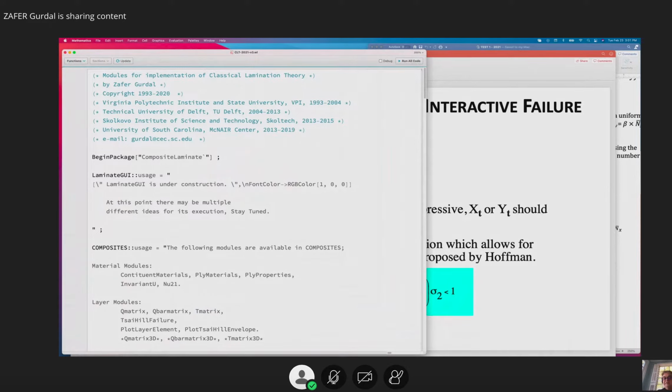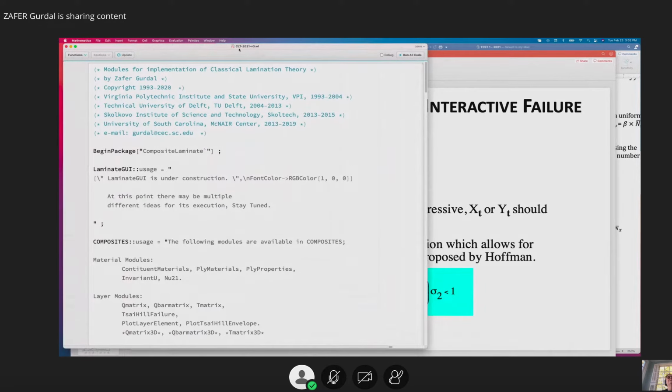Okay, so 1,000 is a good value, Alex. And n equals 4 and m equals 3 seems to be reasonable. I want you to do something for me and look at the file that I'm showing right now. This is the program file CLT 2021 version 3.